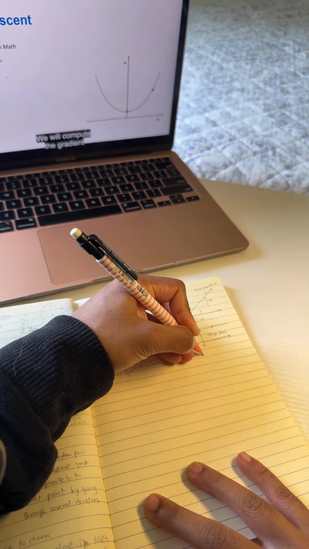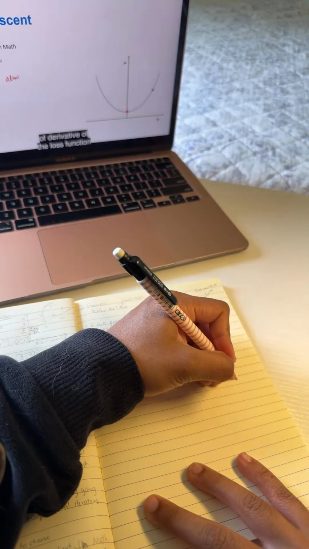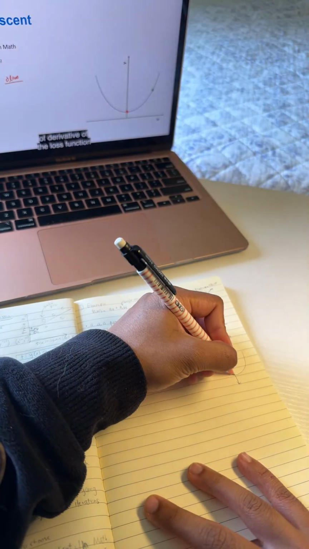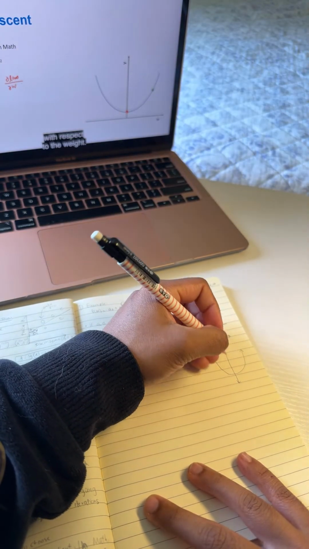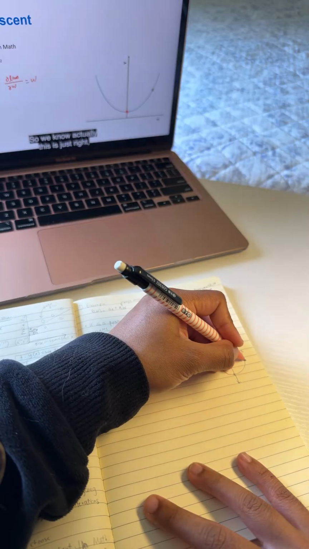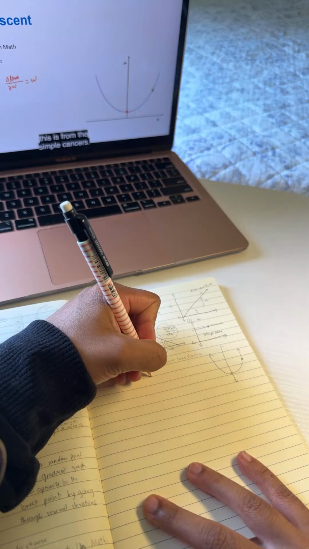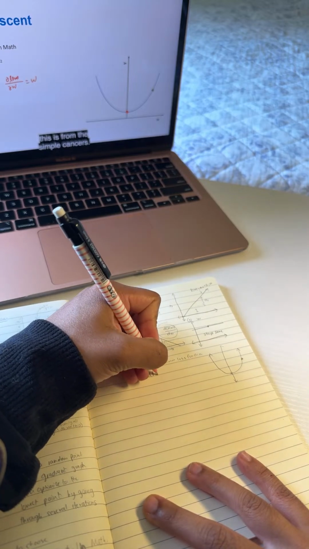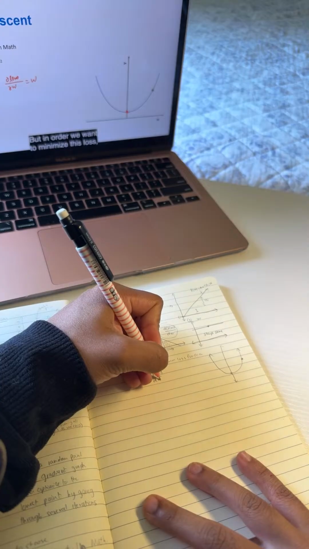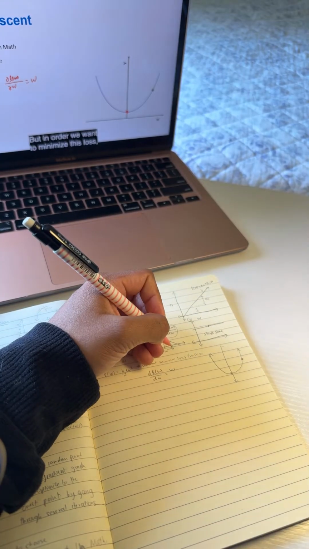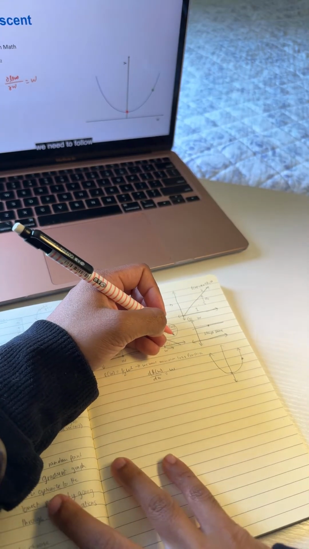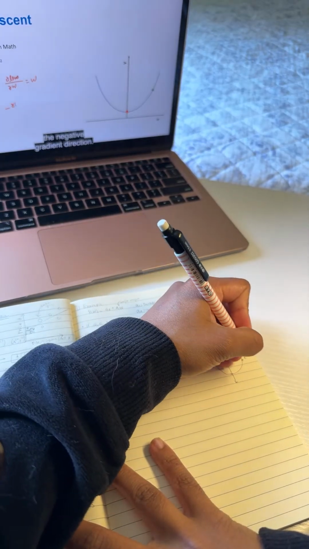We will compute the gradient or derivative of this loss function with respect to the weight. We know actually this is just W, right? This is from simple calculus. But we want to minimize this loss, so we need to follow the negative gradient direction.